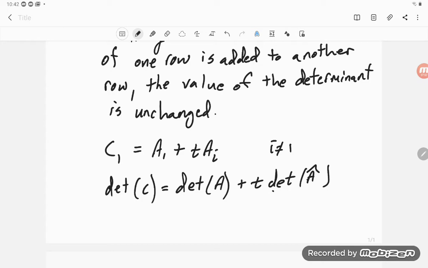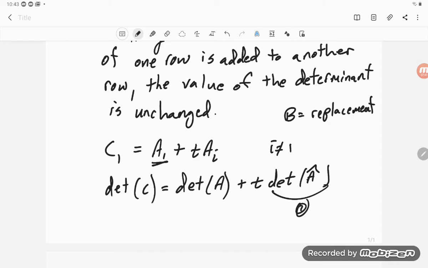But this has to be 0, because what we did was we simply replaced the first row of A with some other row of A. But that meant that the new one, the replacement, now had 2 rows the same.